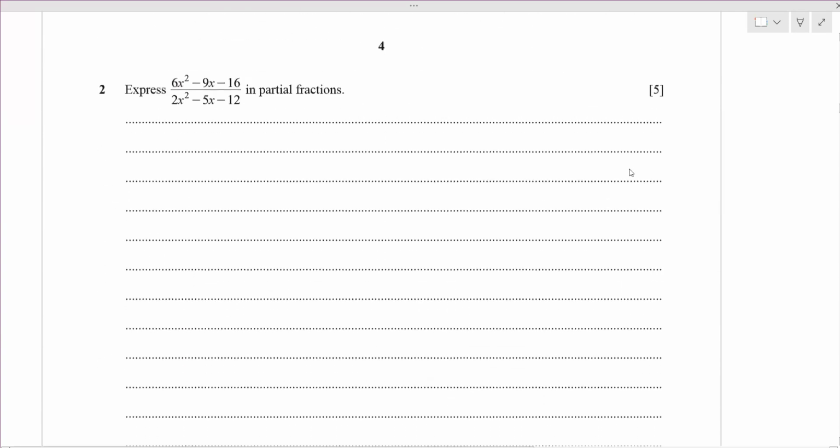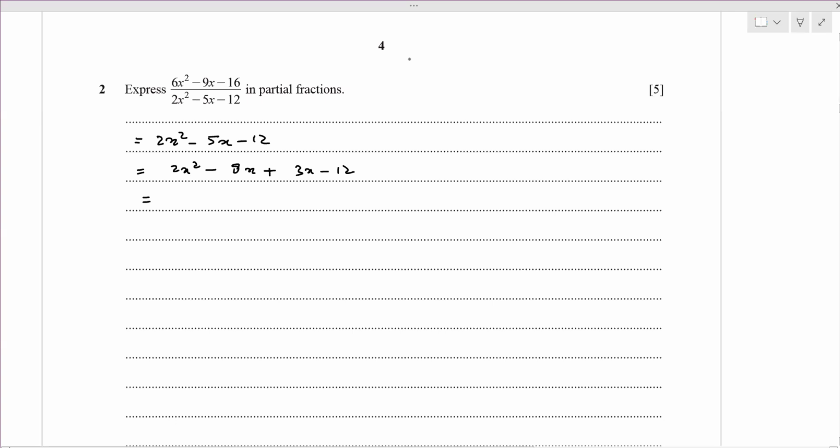Now, question number 2, express in partial fractions. Whenever we have an equation in the denominator, first of all, we have to factorize it. So 2x squared minus 5x minus 12 is the denominator. I am factorizing it as 2x squared minus 8x plus 3x minus 12.